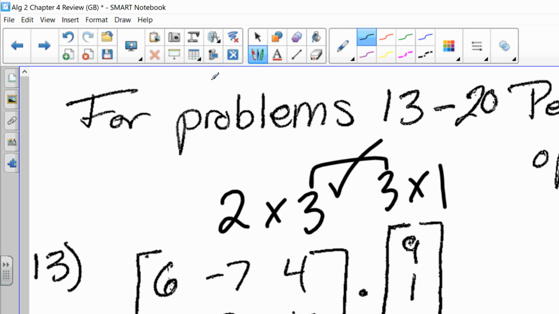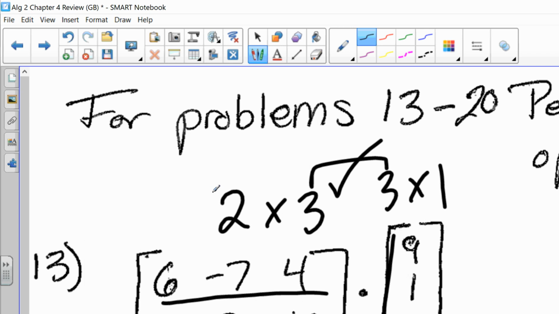This does work, because we're doing our over and down. We could do this by hand, or I could set this up as matrix A and this is matrix B and multiply them together. Do we want to see this done by hand or in the calculator? Okay, we can do both.